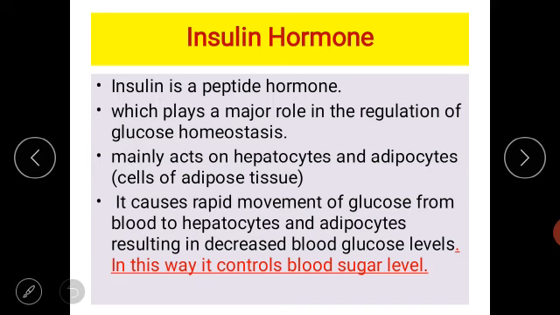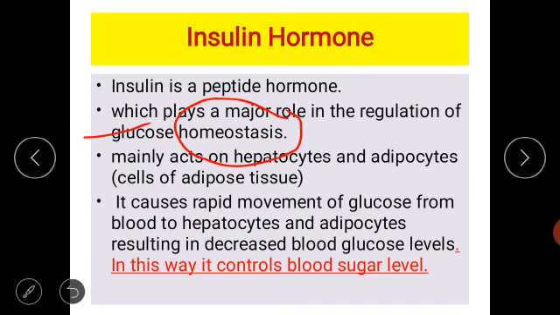Insulin plays a major role in the regulation of glucose homeostasis. Homeostasis means maintaining the function of blood sugar level, which is controlled by insulin as well as glucagon.